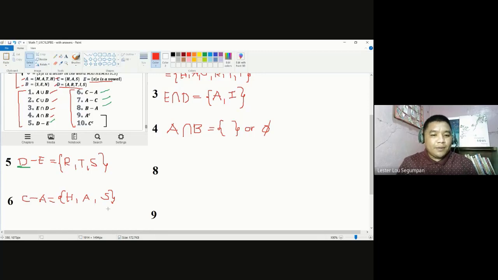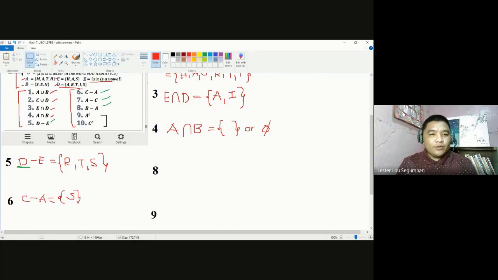A is part of set A. Remove that. E and then H. What is left? That is our final answer. Again, what happened to the elements M and then T in the set A? Since it's not part of set C in the first place, we will not write those elements here. Now there is also a bit tricky when we talk about set difference.